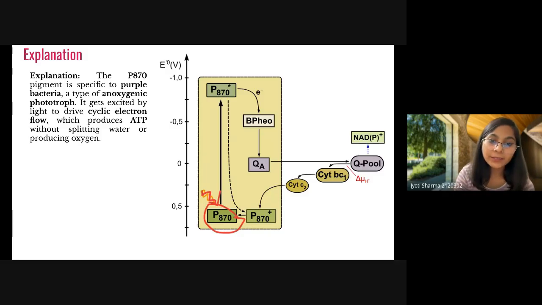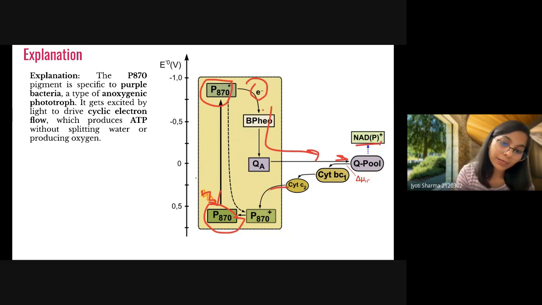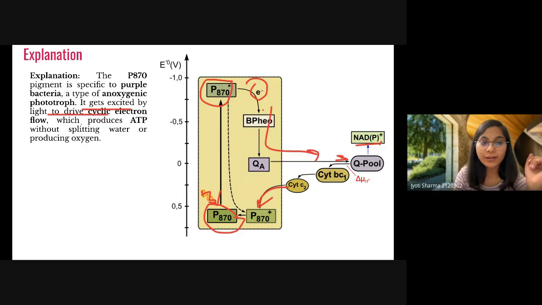When it strikes, the center gets excited and releases an electron, and this electron moves on to other complexes, and then gives NAD plus, and then again this changes into P870 plus, and this again changes into P870. So there is a kind of cycle. It gets excited by light to drive cyclic electron flow, which produces ATP without splitting water or producing oxygen.